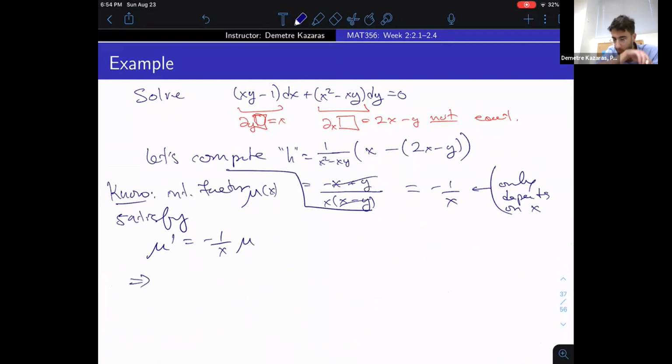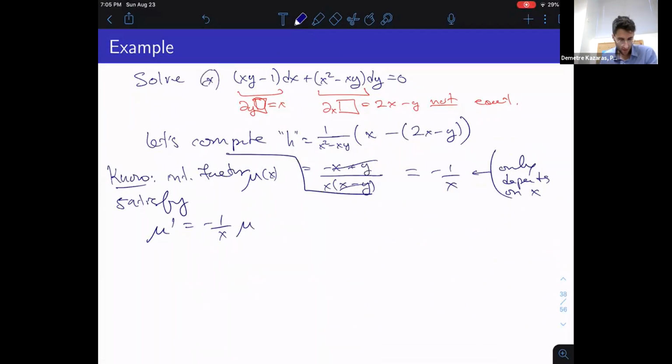Or in other words, all right, so we solved this equation. Dividing by mu, 1 over mu prime is equal to minus 1 over x. Integrate both sides with respect to x, do our usual separable thing. On the left-hand side here, we'll get natural log of mu.